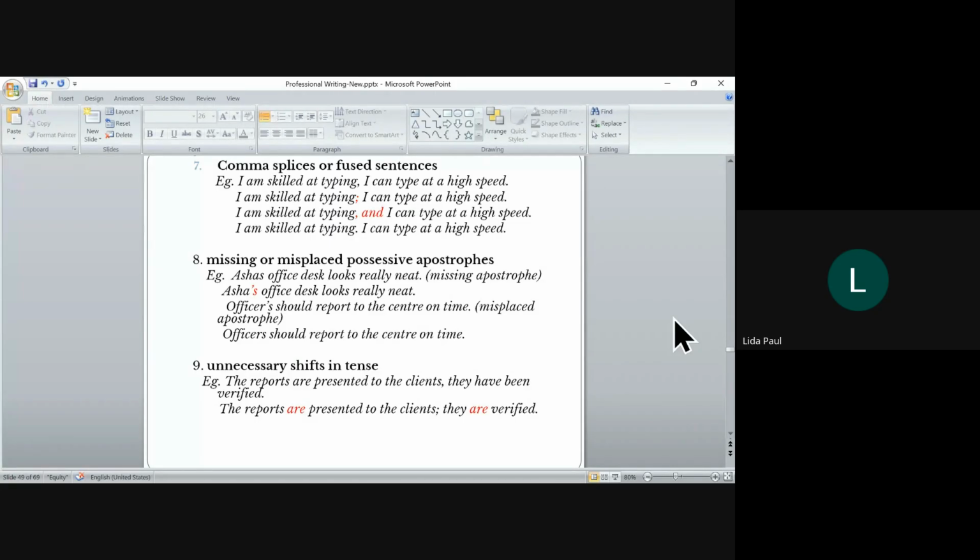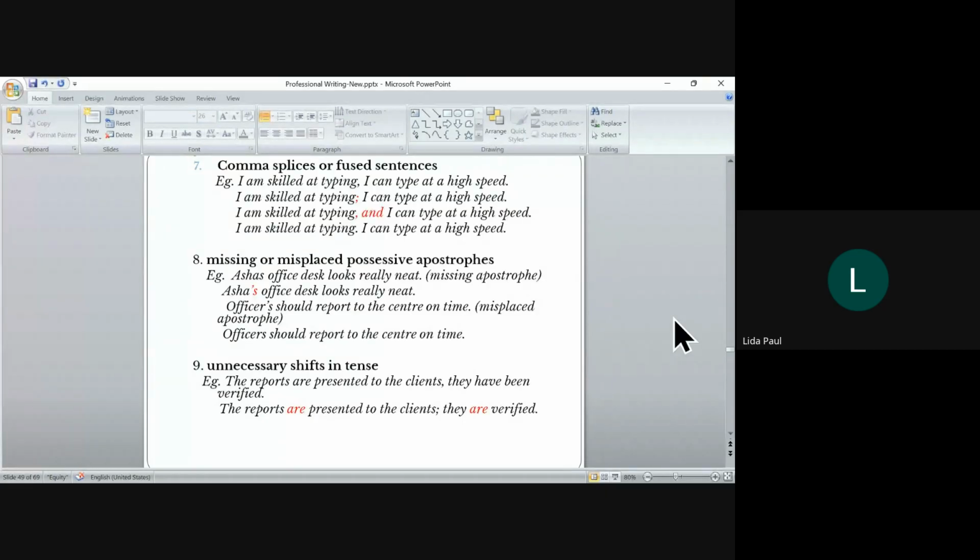So the first one is where you can separate them using a semicolon, right? If you look at the three sentences after the example, the first way of correcting them is to add a semicolon between the two independent sentences, or the one which we discussed where you add a coordinating conjunction and before the conjunction you add a comma, right?